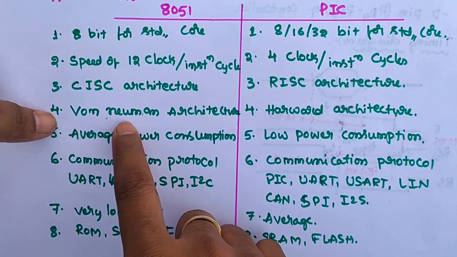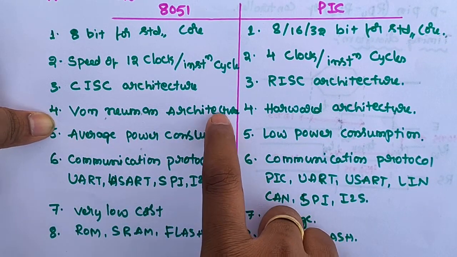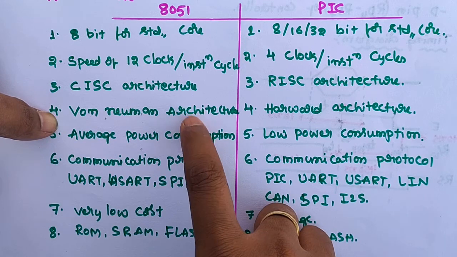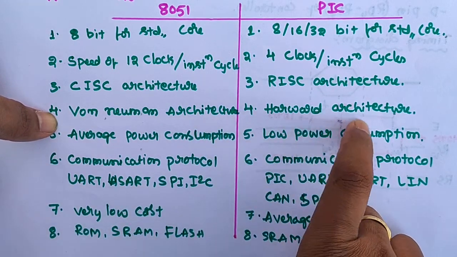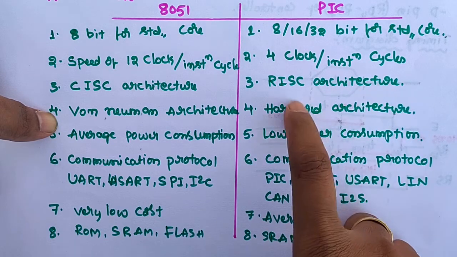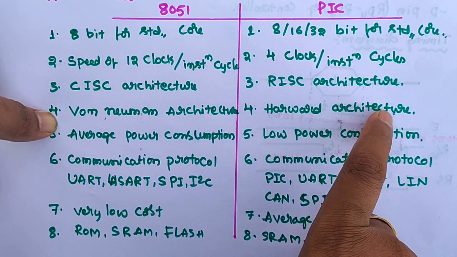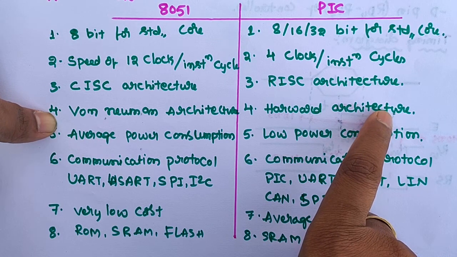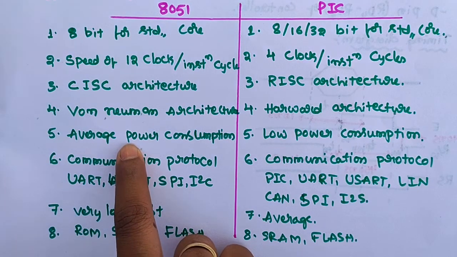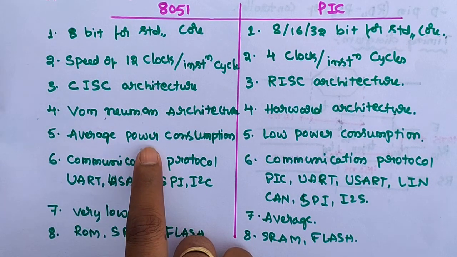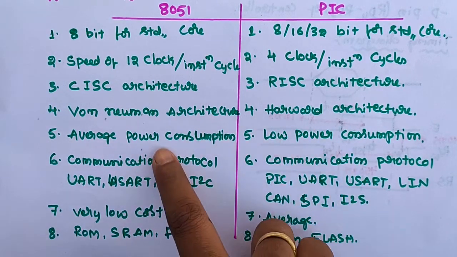Another difference is that the 8051 is von Neumann architecture, where the CPU and peripheral devices are connected through a bus structure, but the PIC is Harvard architecture, where individual ports take care of the internal operations of the ALU.